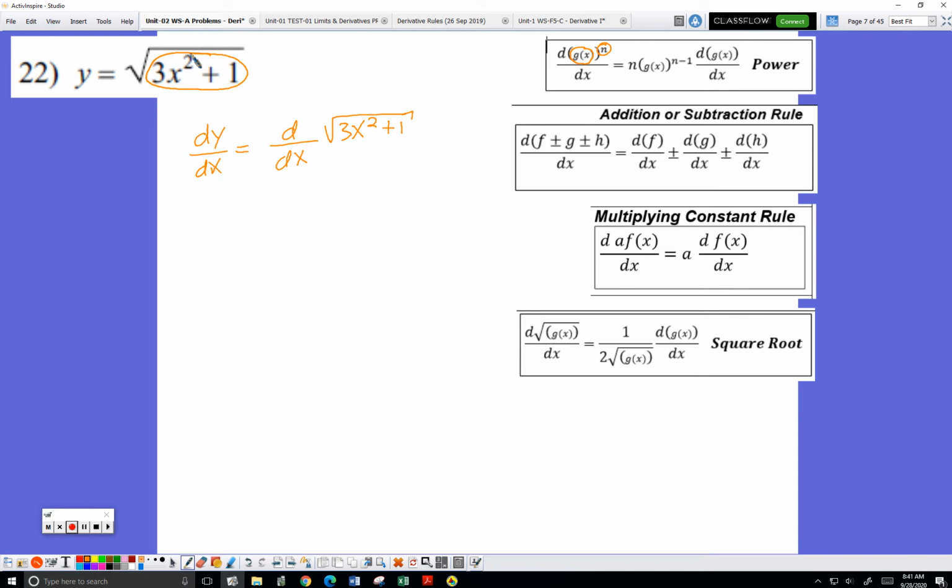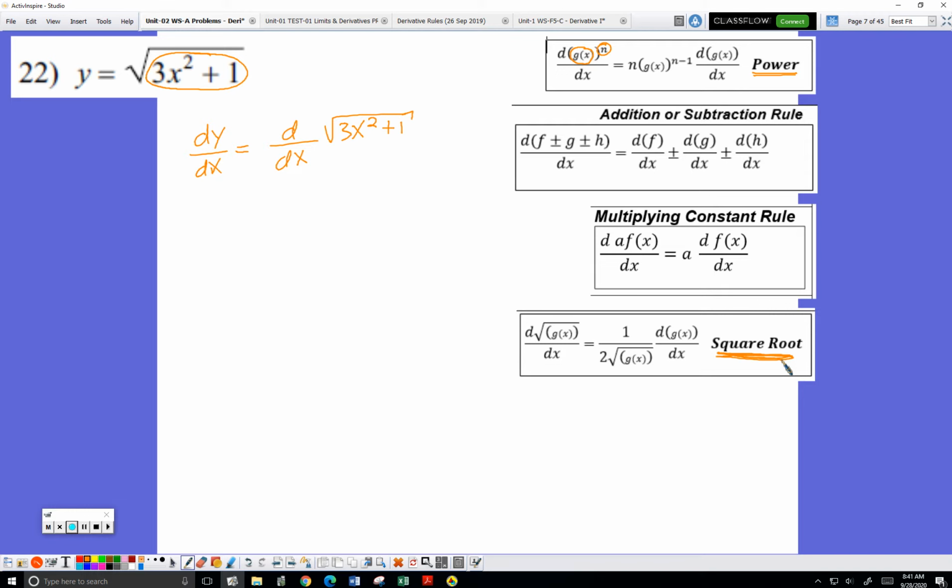So the power rule really would work. However, I prefer to use the square root rule. It just makes the final result a little easier to obtain. So both of them work. It's actually unusual. Most of the time only one rule works.